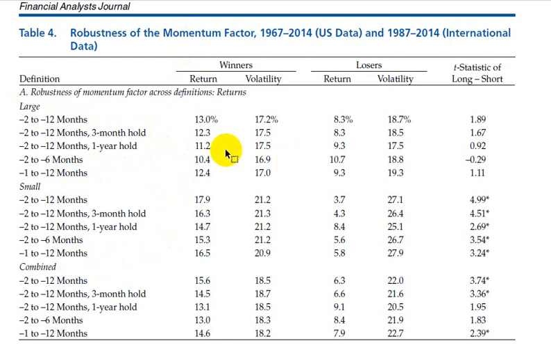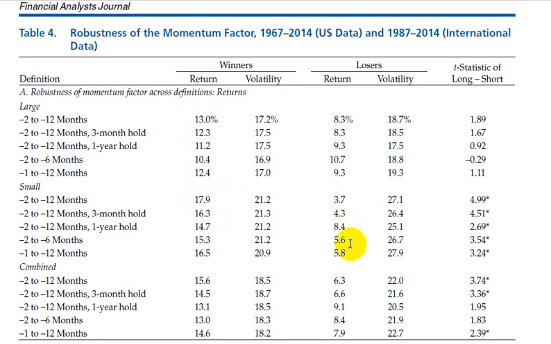And it's interesting to see that when we're looking just at large cap companies, there doesn't really seem to be a statistical difference between the returns of past winners and returns of past losers. But when we're looking at small cap companies only, we see that there is a statistically significant difference, actually a really big difference, where returns of winners were almost 18%.